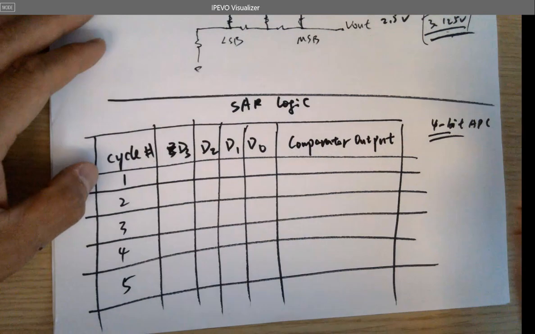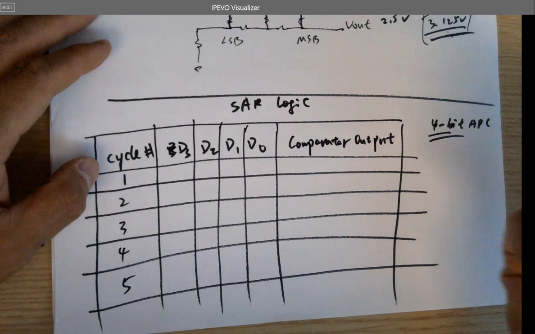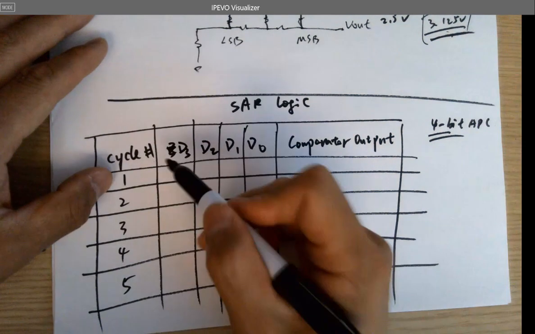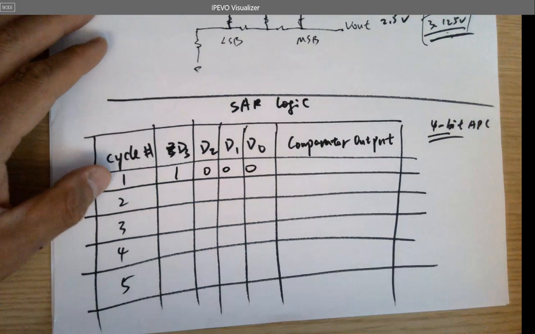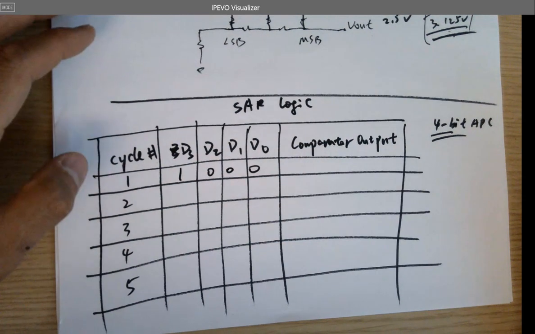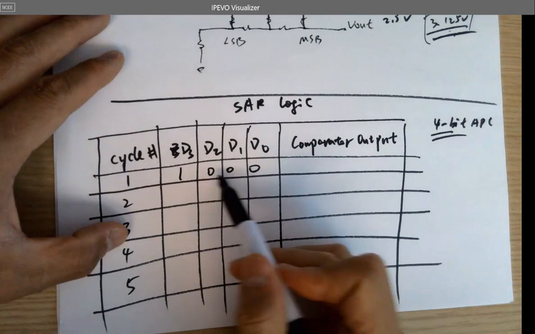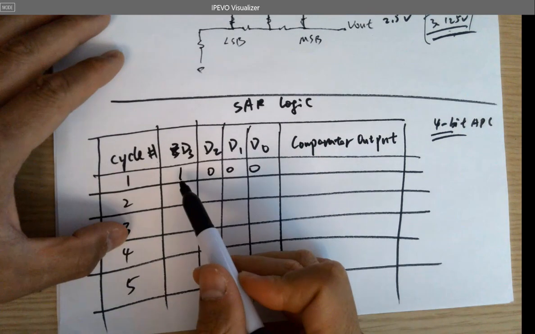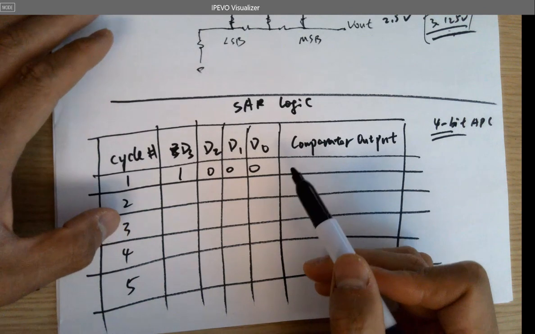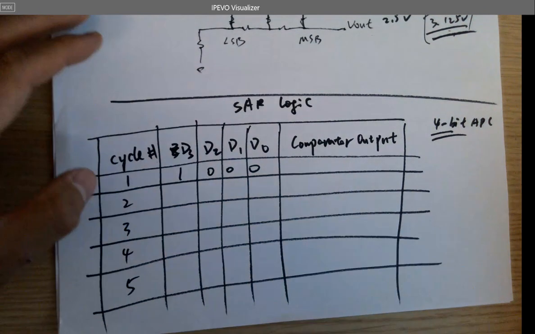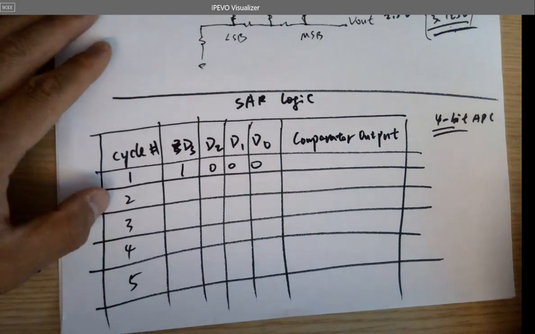Remember, we start with this number. So at the very beginning of the conversion, we reset all these bits and set this bit to make it 1 and zeros. We can use a circuit to do that. This is the very beginning, the first state of the star ADC.